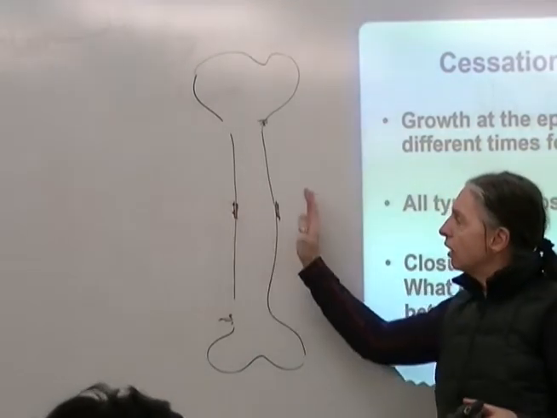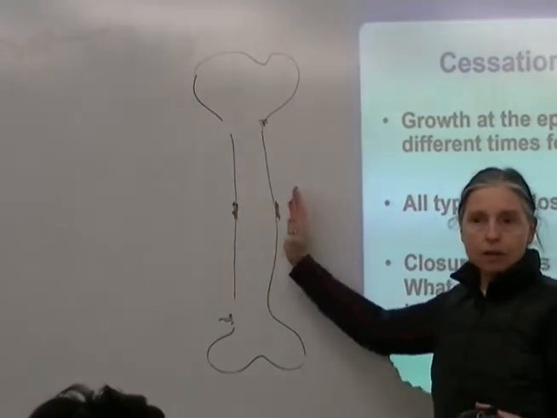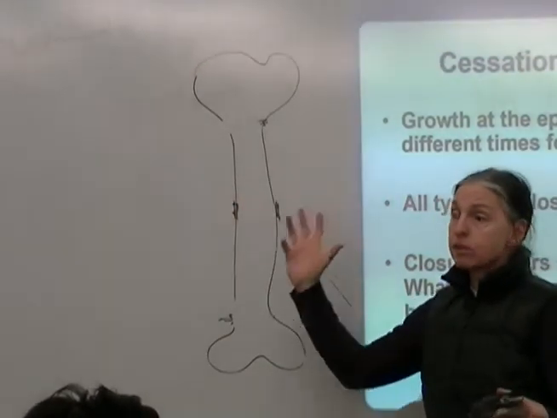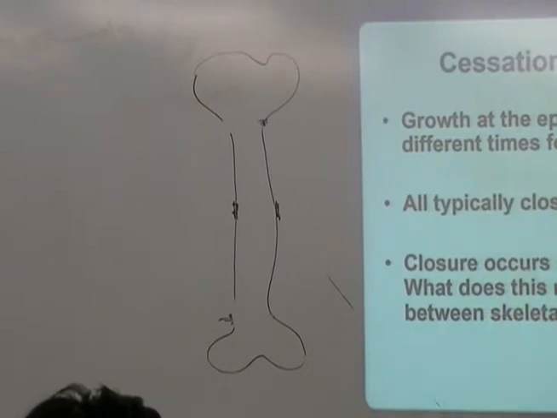I can still lay down cells around the periphery of the bone and make the bone thicker, but it's not going to grow anymore. So individuals who go into puberty early see a rapid growth, but they also see those epiphyseal plates shut down sooner.